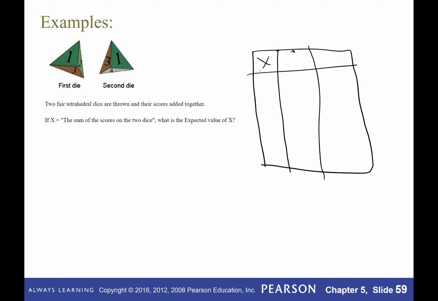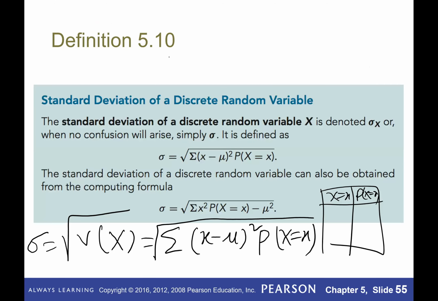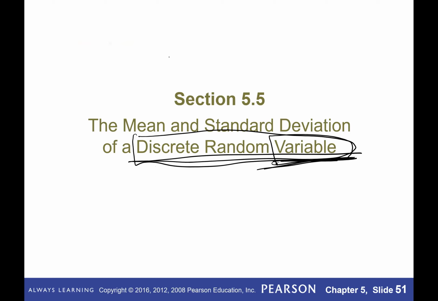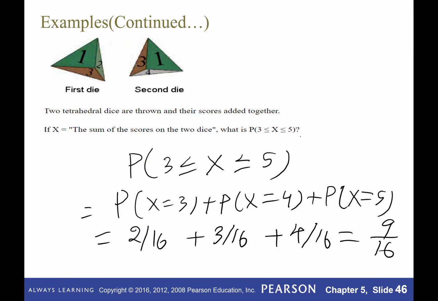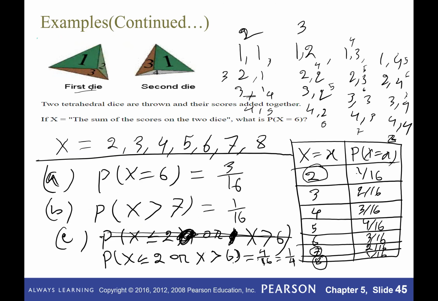What are the possible values of x? In this case, the possible values are 2 to 8. If you go back to the previous example, we constructed the probability distribution for this one.